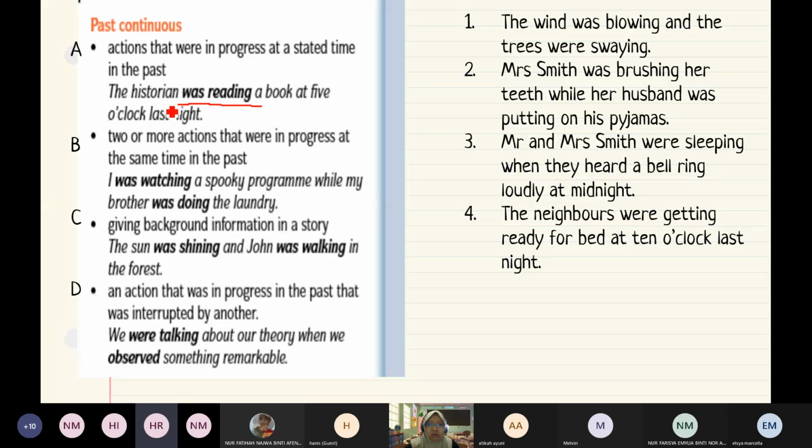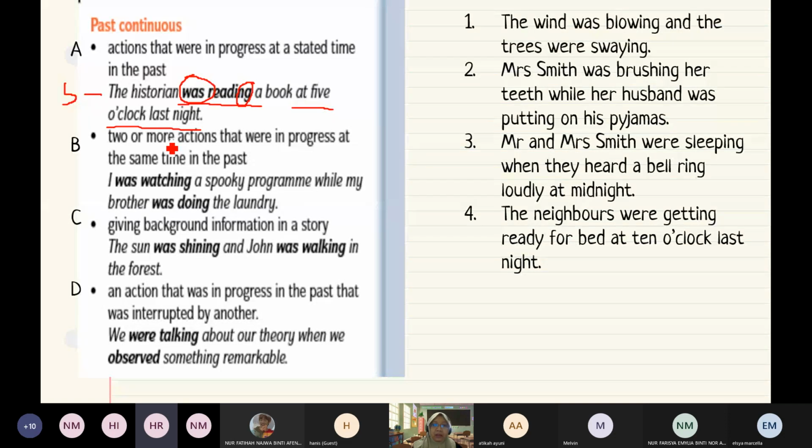You use was because the historian is singular. And then the verb you have to put ing at the back. So there is a time mentioned here, at 5 o'clock last night. Then they mention the time.